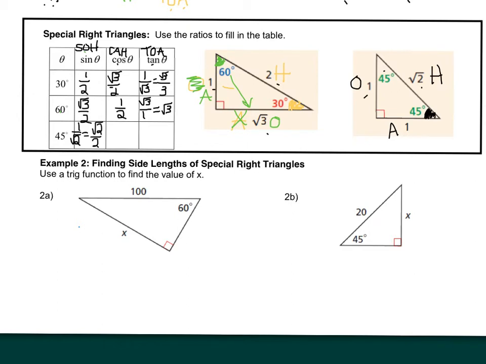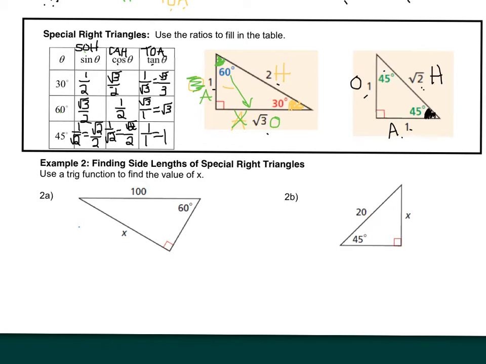Now cosine of 45. That will be A over H. So 1 over the square root of 2 again, which makes sense because in 45, 45, 90, the two sides are equal. And last, we need TOA. We need O over A. So it's going to be 1 over 1, which is 1.